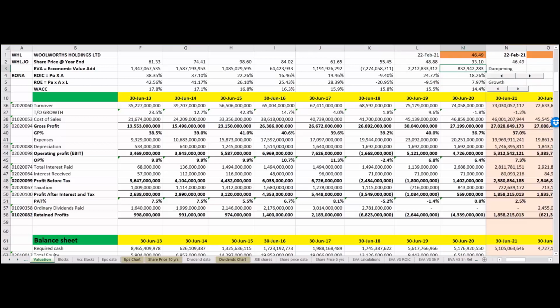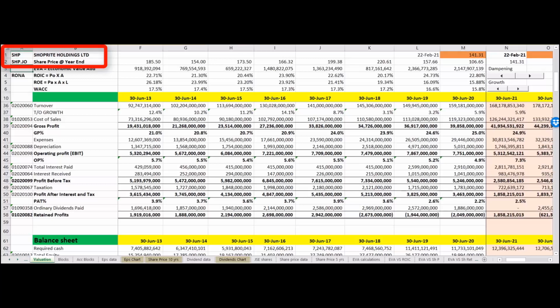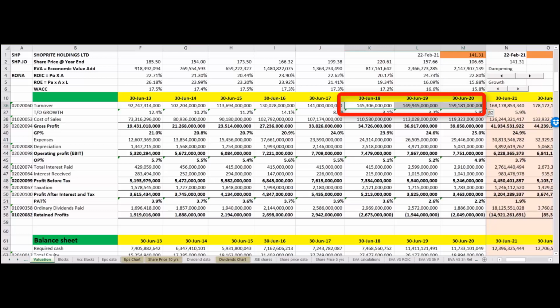One thing I want to show you about my spreadsheet, to keep you coming back for future videos, is what if we take Woolworths and we put in there SHP for ShopRite and we ask Excel to go and get some more data. You will see my spreadsheet will immediately update. It will come back with the ShopRite data and you can see, look at the sales numbers here. 145 billion, 149 billion, and in 2020 159 billion.